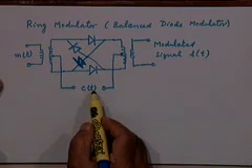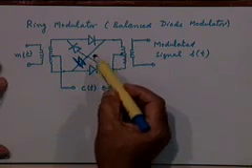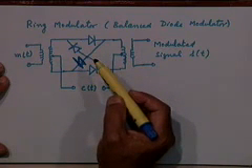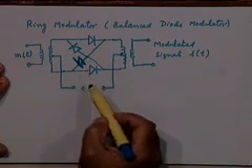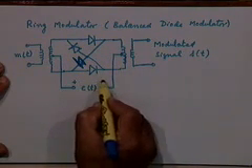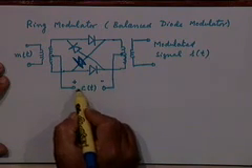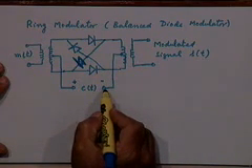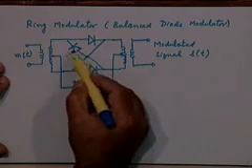When C of t is the positive half cycle, two of these diodes conduct and two of them are reverse biased. Two of them are forward biased. For example, let us say in this cycle this terminal is positive with respect to this, that positive half cycle, which diodes will conduct?